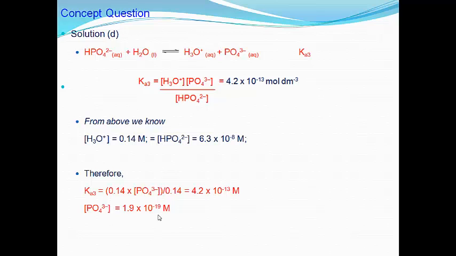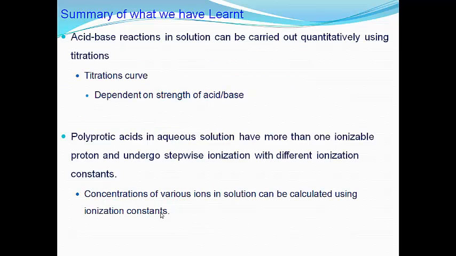So in a solution of H3PO4, we have majority H3PO4, some H3O plus, and some H2PO4 minus, as well as a very, very tiny amount of HPO4 2 minus and even less PO4 3 minus ions.